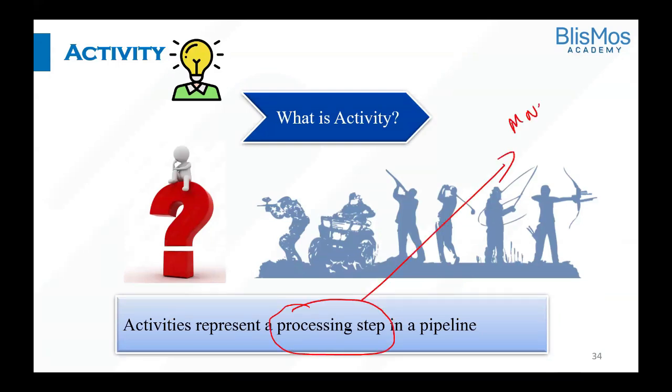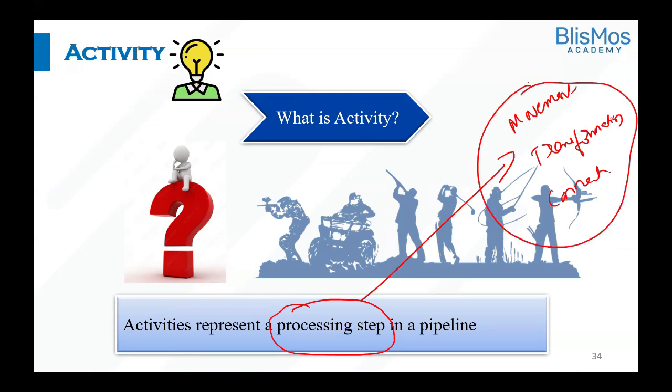Movement can be a processing step, transformation can be a processing step, then connecting can be a processing step. Anything involved in manipulating the data, moving the data, transforming the data, enriching the data can be regarded as an activity. It is a processing step in a pipeline.